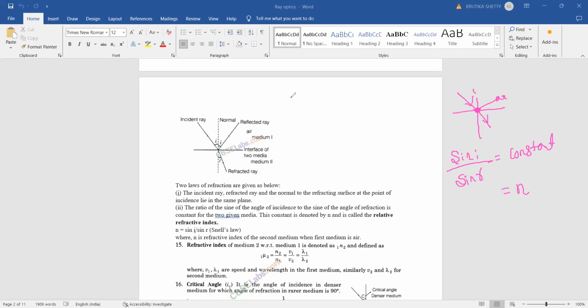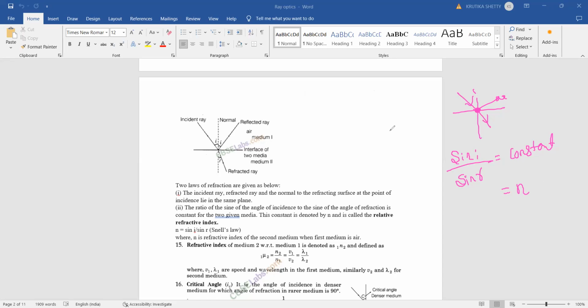So this n is called what? That is the refractive index. So this constant is said to be the refractive index. It is denoted by n.